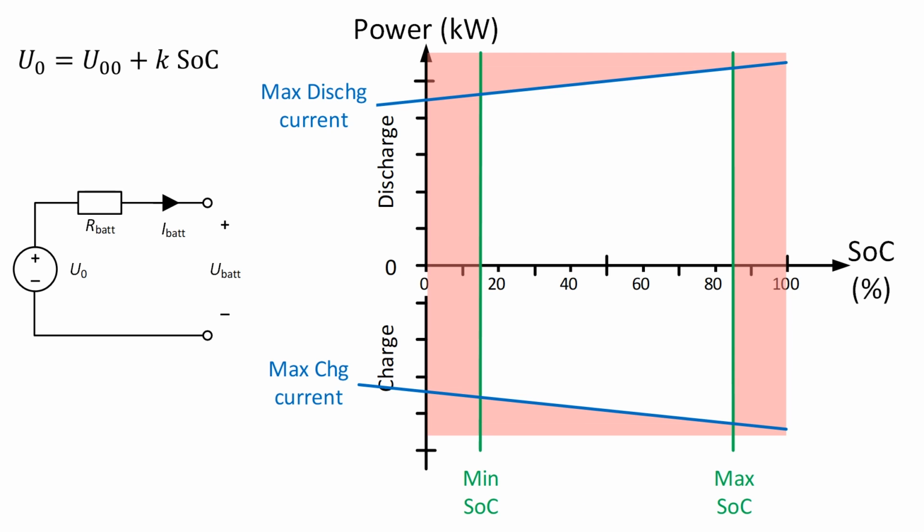All batteries have an open circuit voltage which varies with the state of charge. Here we assume that the open circuit voltage varies linearly with state of charge. Please note that this assumption doesn't hold for all types of batteries though. Now, let's apply our maximum charge and discharge current limits.